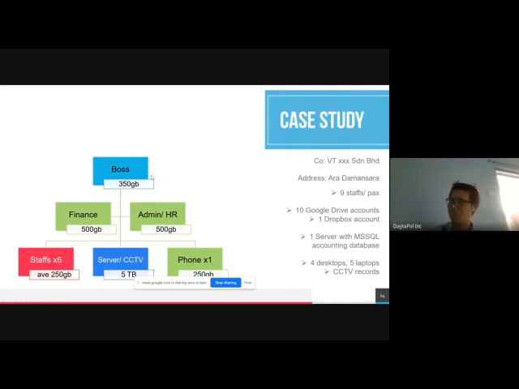Probably his laptop is carrying 1 terabyte in hard disk, I'm not sure, but after a few discussions, he decided to allocate 350 gigabytes. Finance and admin, because they store more data and more important information, each of them are getting 500 gigabytes. And obviously the blue color, the server CCTV, is one of the most important devices in the company.